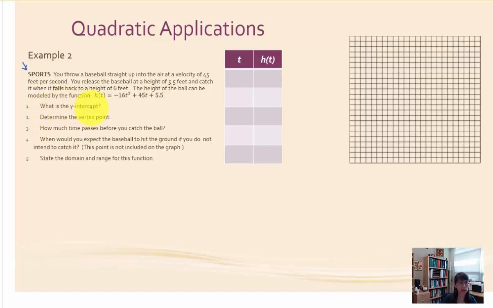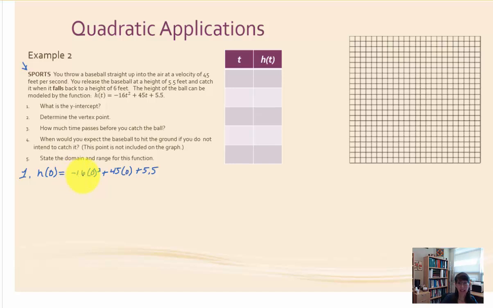We find the y-intercept of the function when we let the input value equal 0. So for step 1, we're going to evaluate the height when the time is 0. So h of 0 would equal negative 16 times 0 squared plus 45 times 0 plus 5.5.